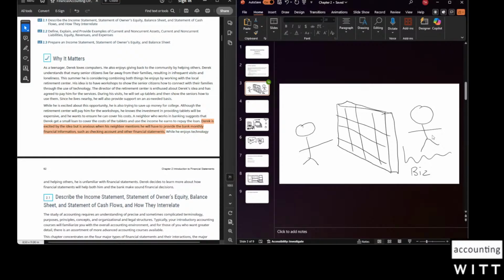Let's say that there's an entrance through this wall, and the way through it is you have to be able to communicate using the accounting language. So the bouncer at the door says, "Show me your financials."